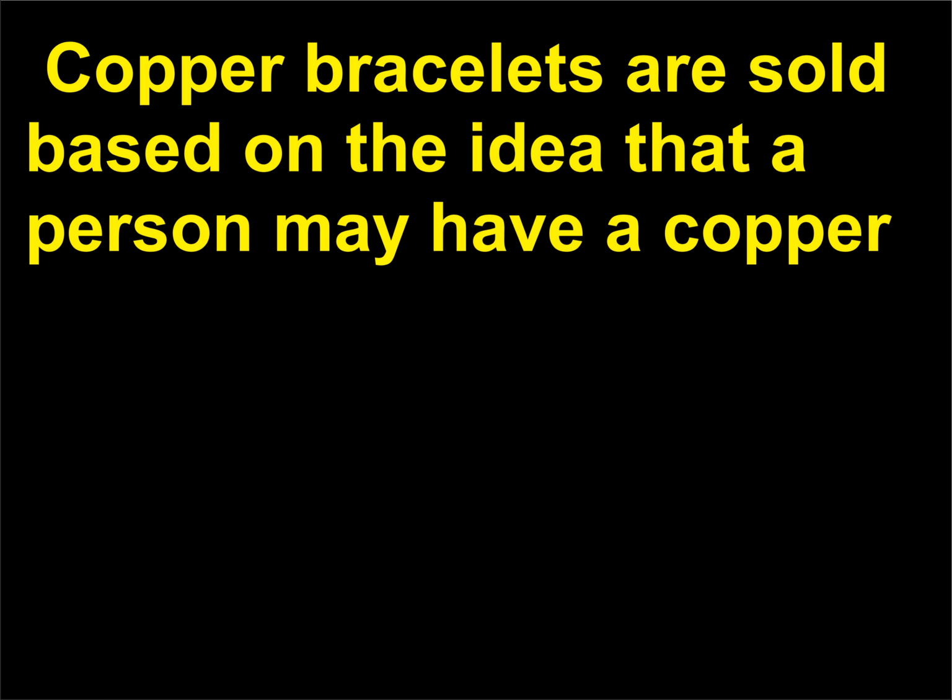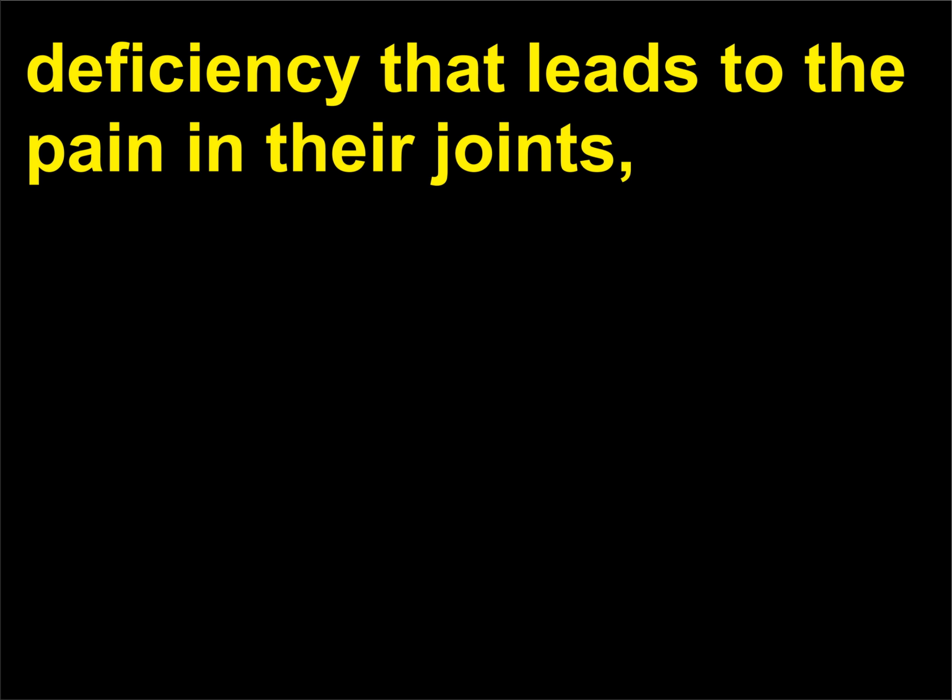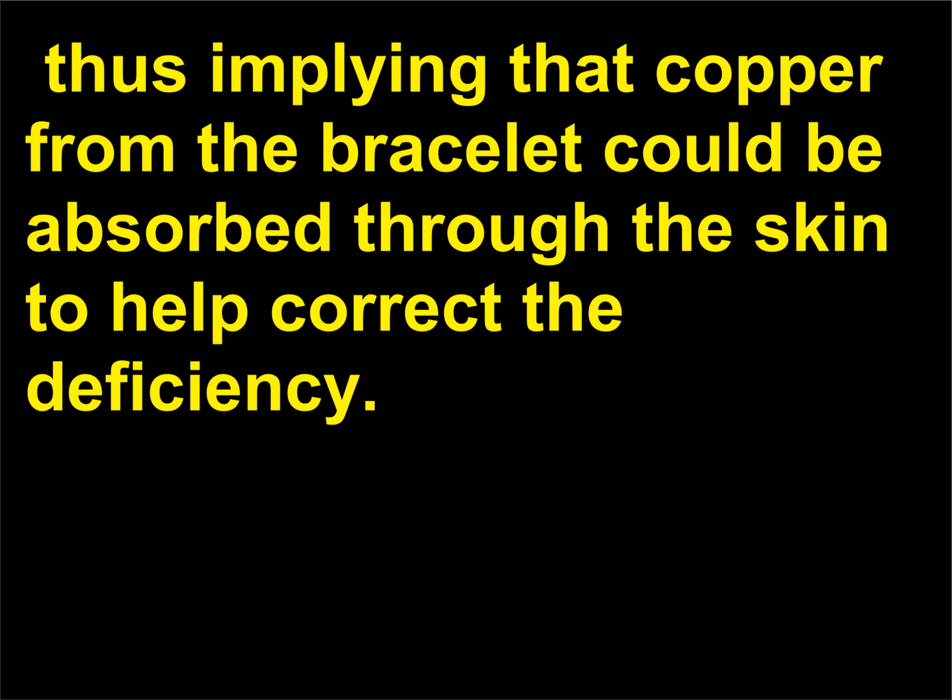Copper bracelets are sold based on the idea that a person may have a copper deficiency that leads to the pain in their joints, thus implying that copper from the bracelet could be absorbed through the skin to help correct the deficiency.